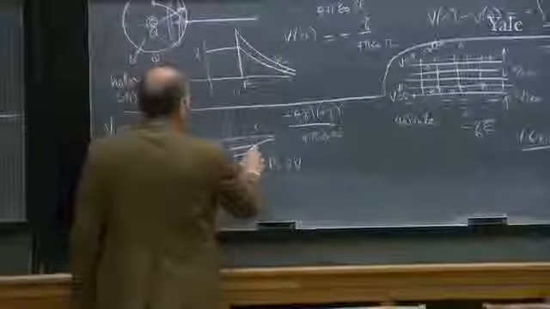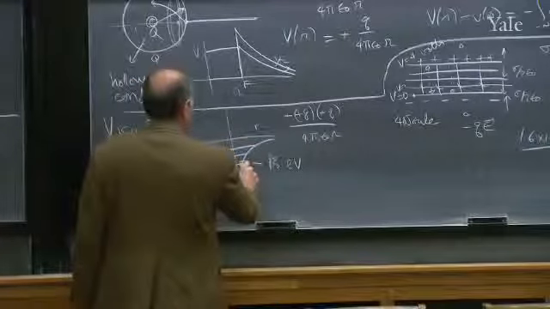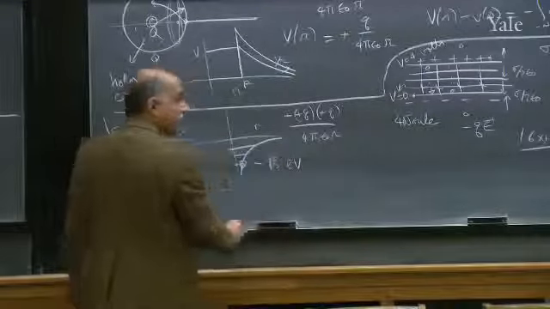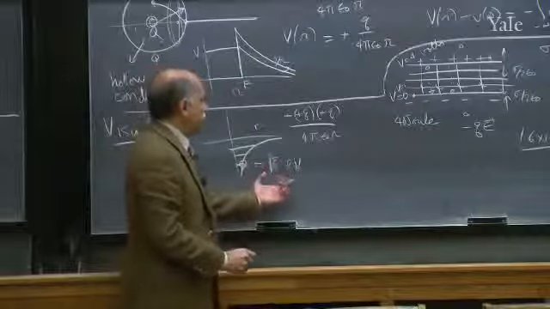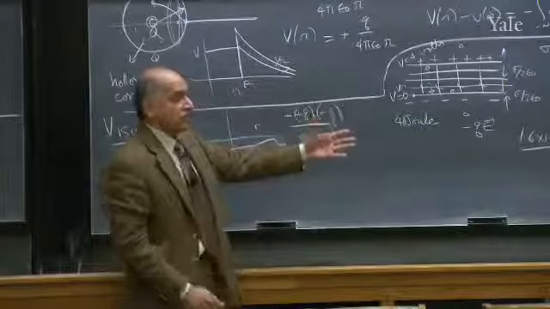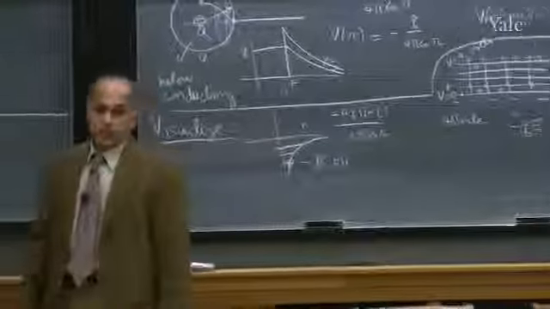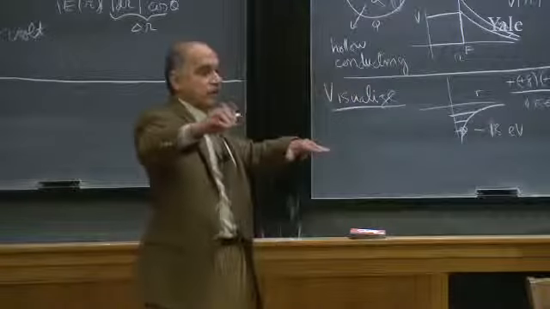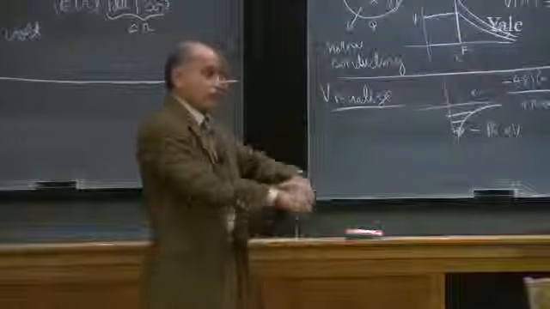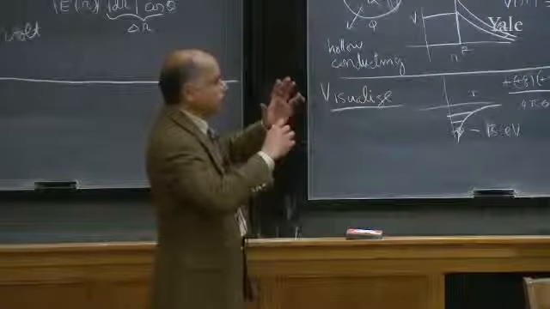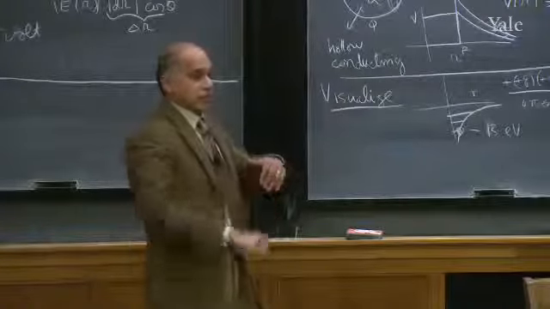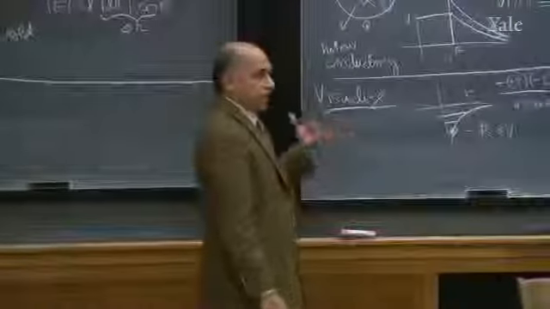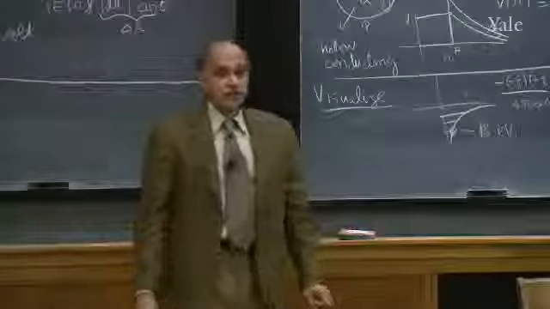That means if you want to drag an electron from this hole and liberate it from the atom, you have to do 13 times 1.6 times 10 to the minus 19 joules of work. It's as if this were 13 volts down compared to infinity. It's a hole in the ground, 13.4 or 13.6 volts deep. So if you want to liberate that electron, you have to furnish that amount of energy.